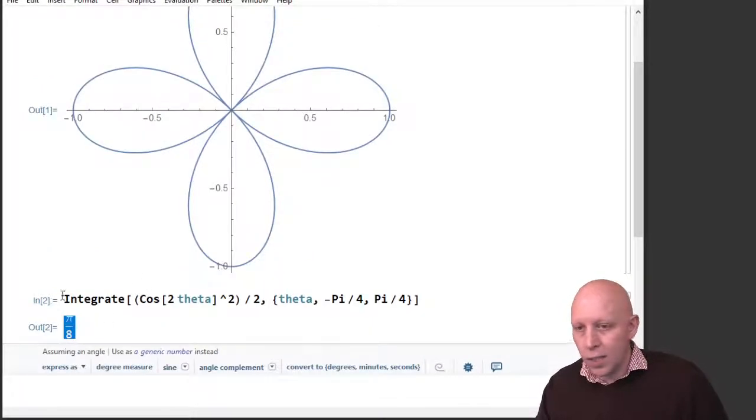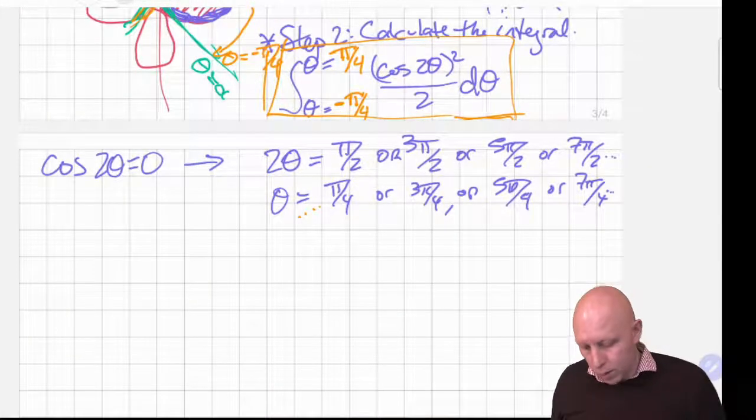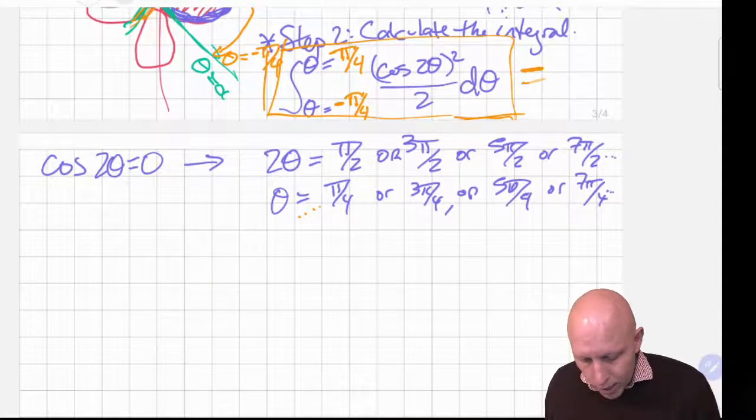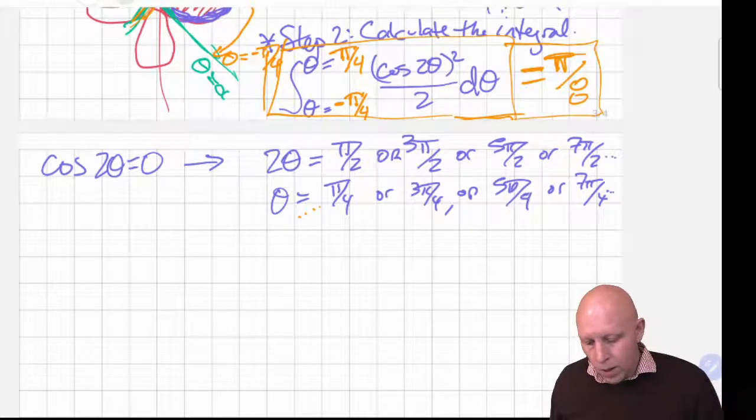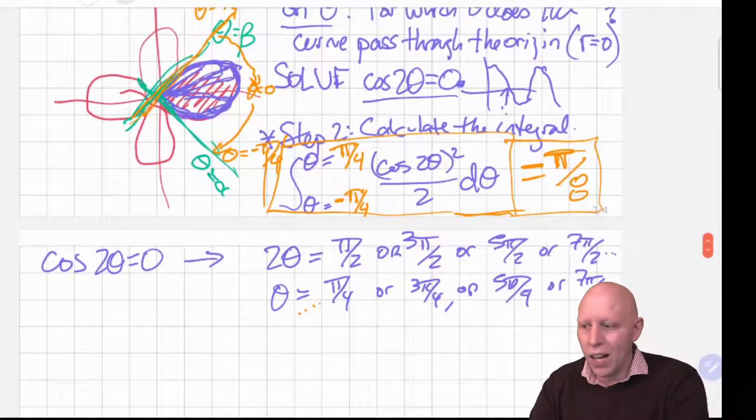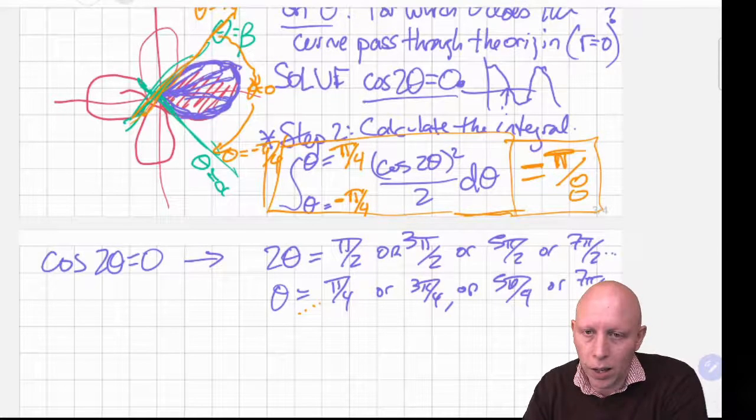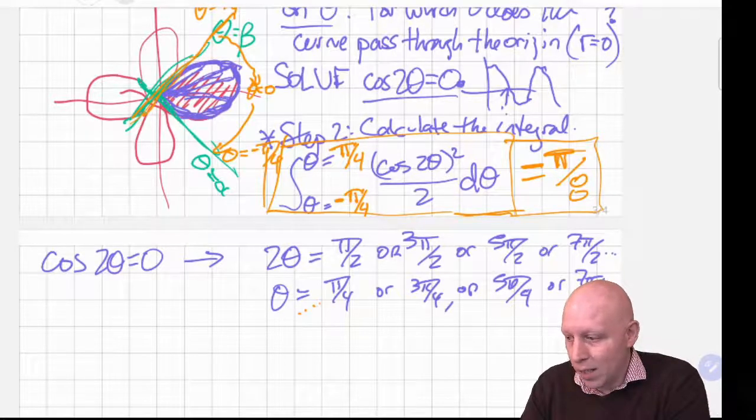So that's telling us that the area inside this curve is pi over 8. Let's go back. So this integral is equal to pi over 8, and let's think about what that value would be. That value is something like 3/8. So does that make sense?